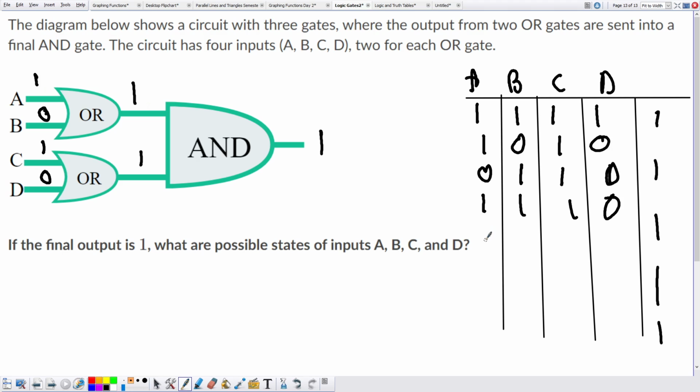There's a lot of different combinations. 1, 0, 0, 1, 0, 1, 1, 1, and there's probably a couple more missing, but that is the basic gist of how these logic gates work.